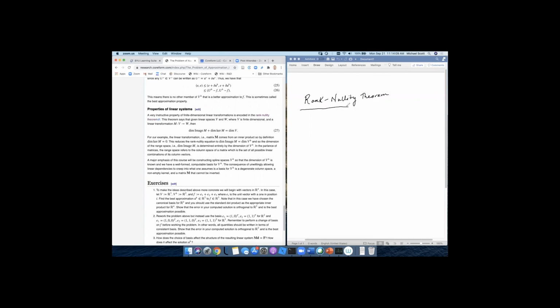And what it says, basically, as I've written here, is if you have a linear operator, M, that goes from space V into space W, and M is finite dimensional. Okay, and because it's finite dimensional, you can think about this as if it's a matrix.